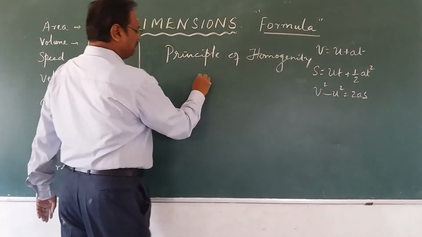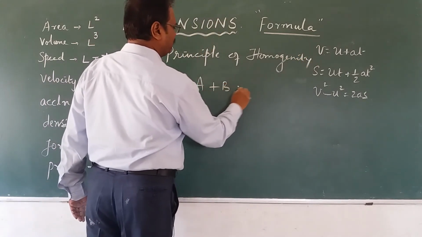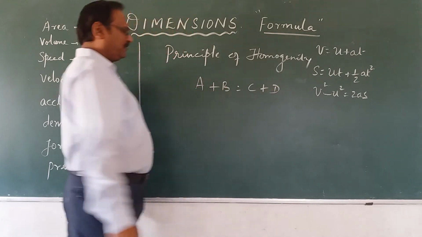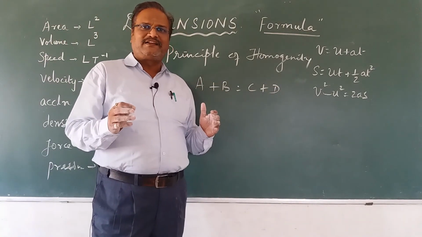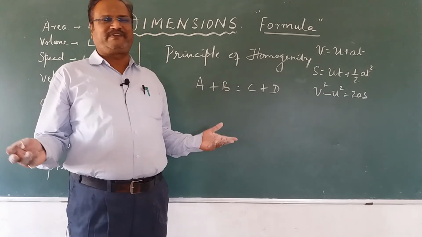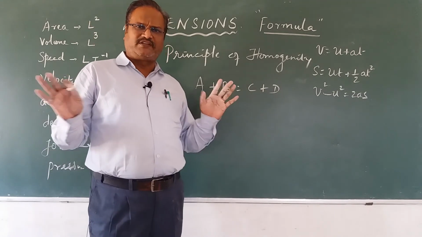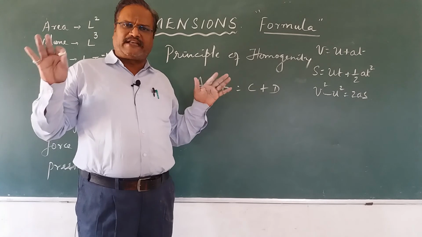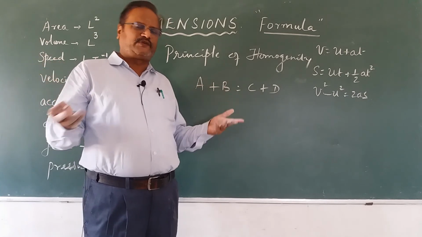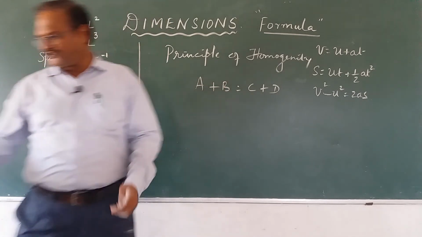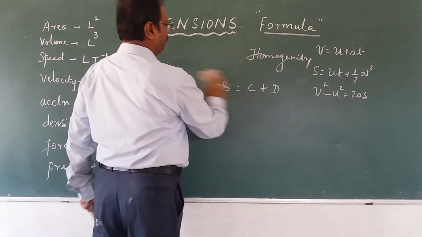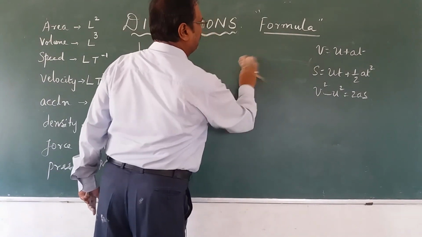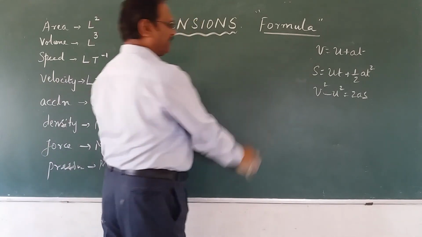It says that if A plus B is equal to C plus D, where A, B, C, D are all physical quantities, they all should have the same dimensional formula. Then the equation is correct. So you should know that we are not going to add or subtract and then say that it is not correct.